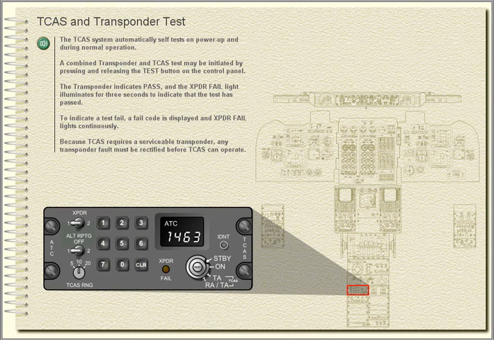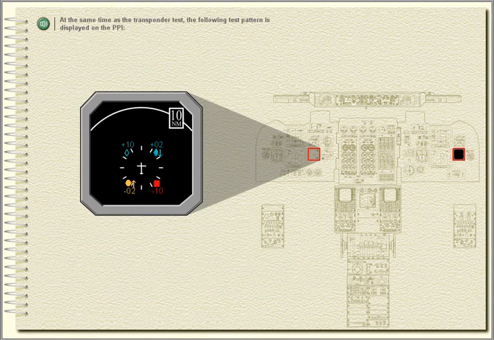The transponder indicates pass and the transponder fail light illuminates for 3 seconds to indicate that the test has passed. To indicate a test fail, a fail code is displayed and transponder fail lights continuously. Because TCAS requires a serviceable transponder, any transponder fault must be rectified before TCAS can operate.